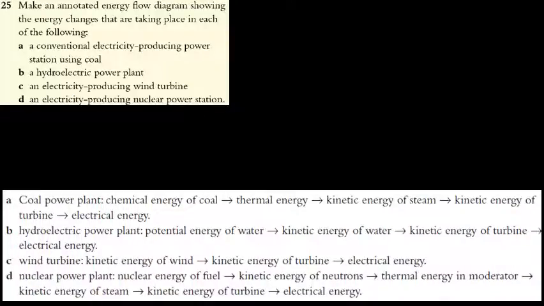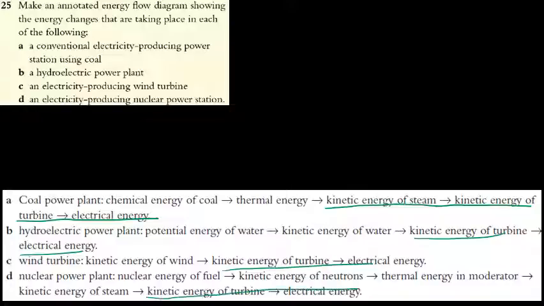Question 25. Here are 4 power resources here, and these are the energy conversion between them. And you can find out the pattern. That is, eventually they are going to drive the turbine, and the turbine is to give you the electrical energy. So every single one among these 4 ends in this way.